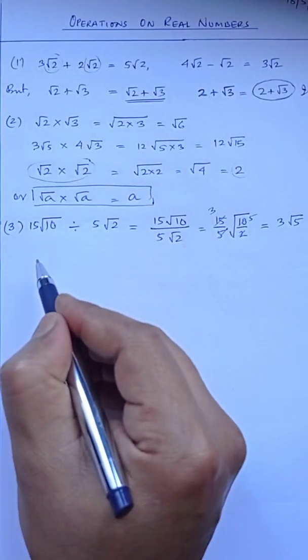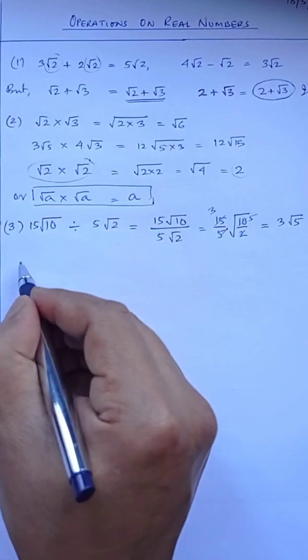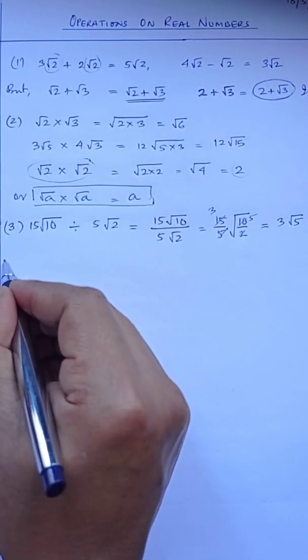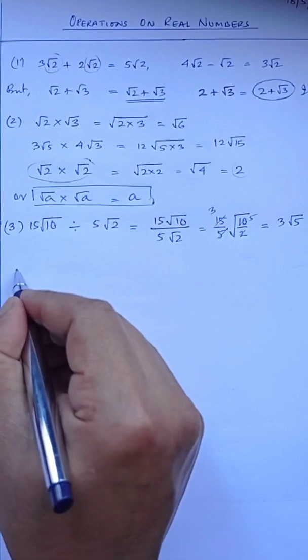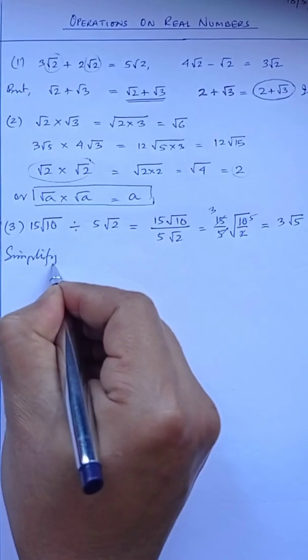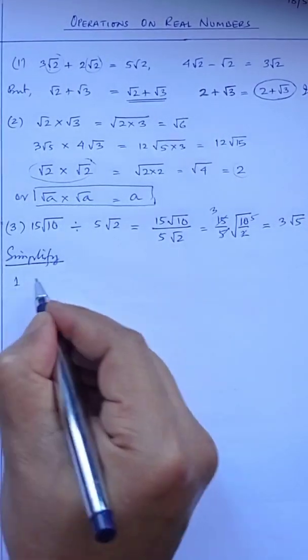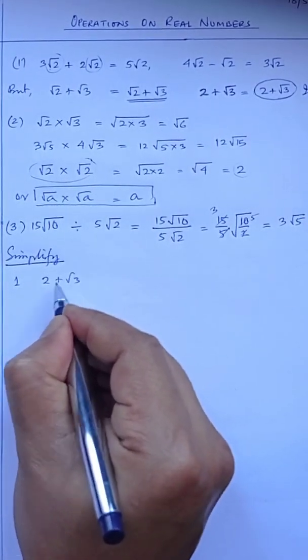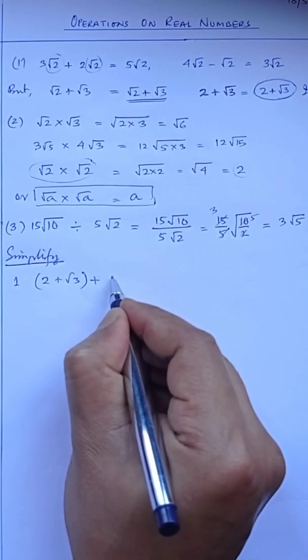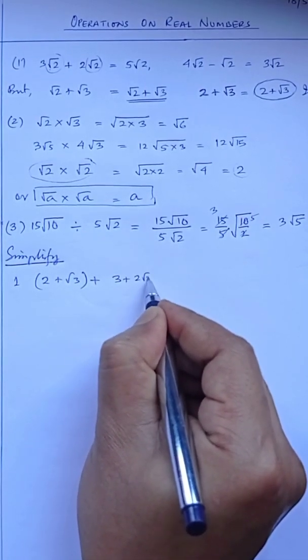Anyway, we will see some more examples, and we'll call it simplify. We'll be simplifying. Number 1, 2 plus root 3, and let the other one be 3 plus 2 root 3.